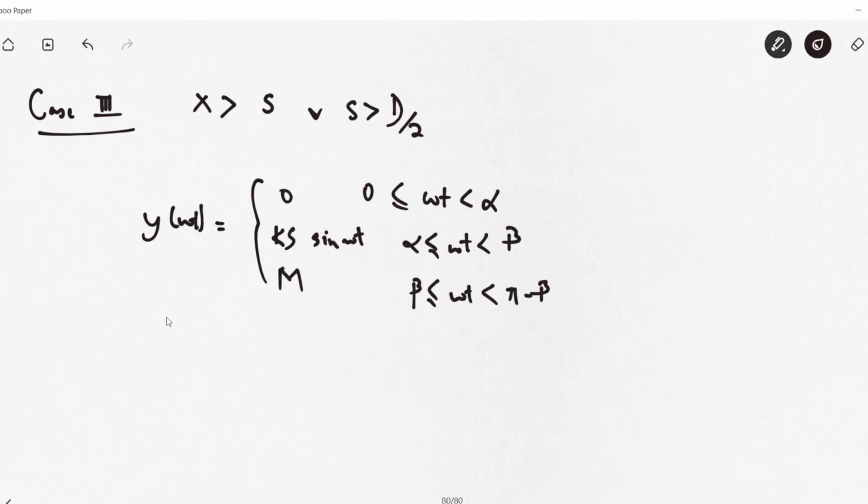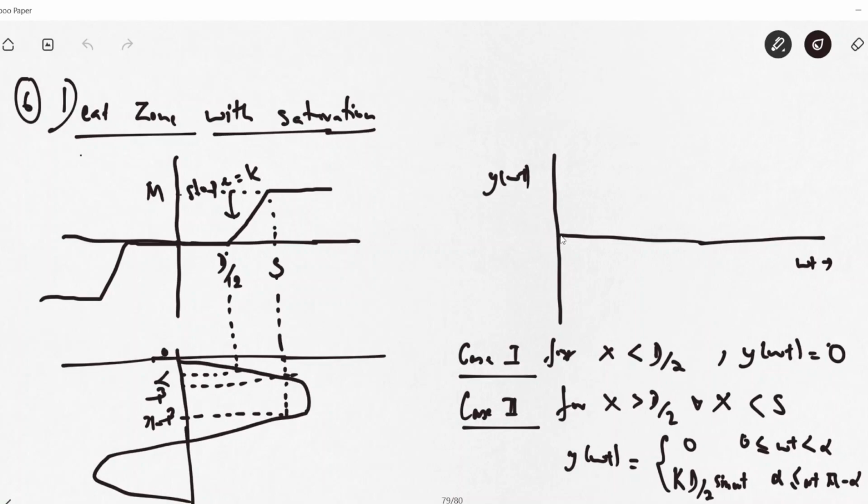Fine. So this is our omega t, so we can actually draw this curve. From 0 to alpha, it is 0. From alpha to pi minus alpha, it is sin omega t, and then it's saturated, and then again sinusoidal waveform, and then dead zone. So this is pi, then beyond pi up to 2 pi again.